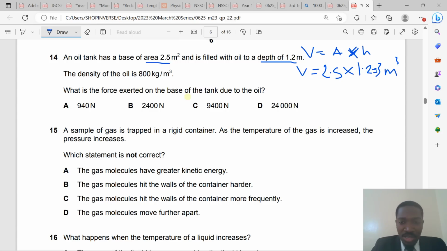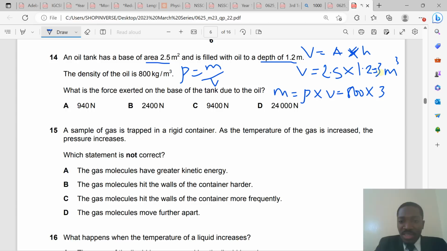Since density is equal to mass divided by volume, if you want to get mass, you say mass is density multiplied by volume. So we multiply our density by our volume. The density of the oil is 800 kilogram per meter cube, and our volume is 3 meter cube.